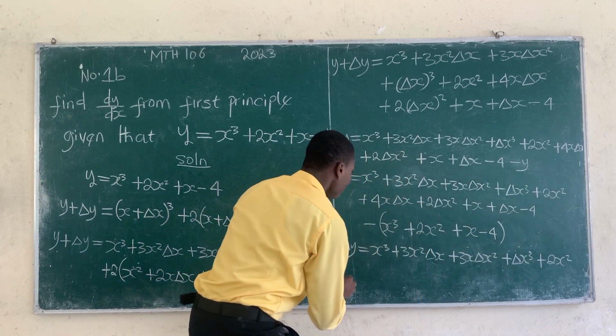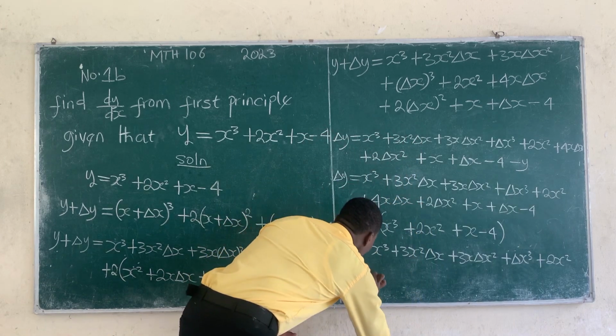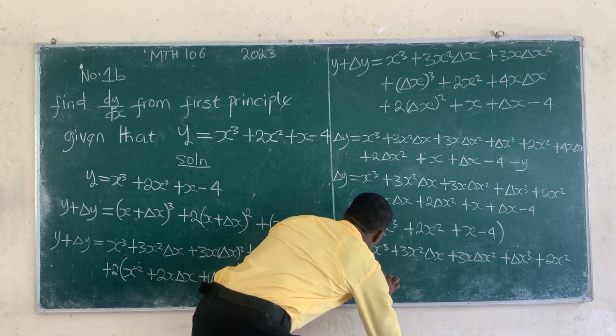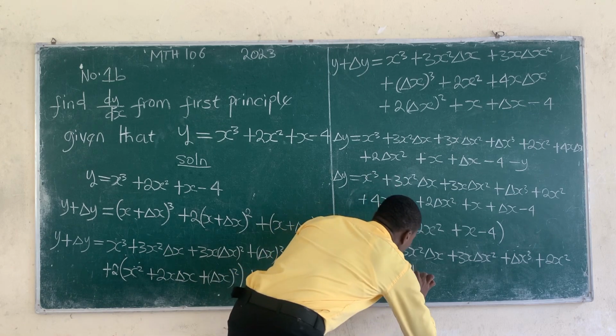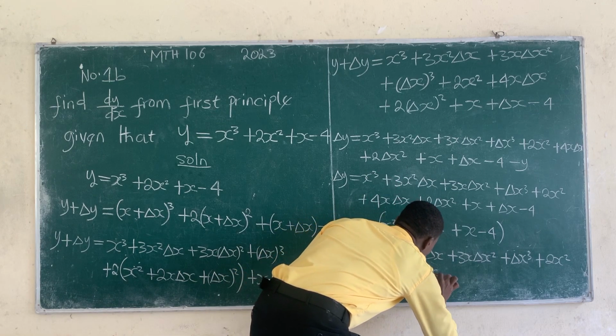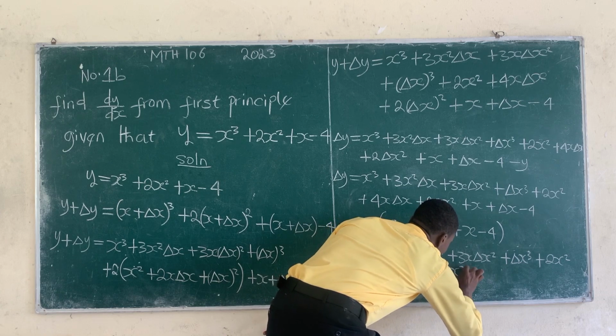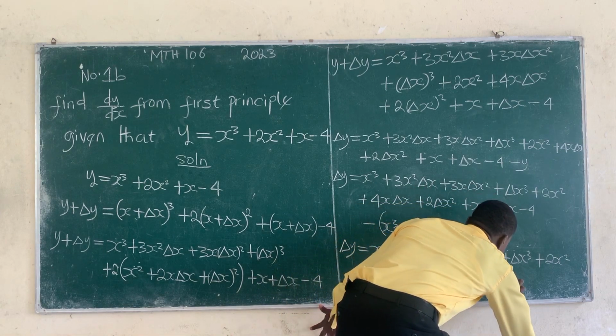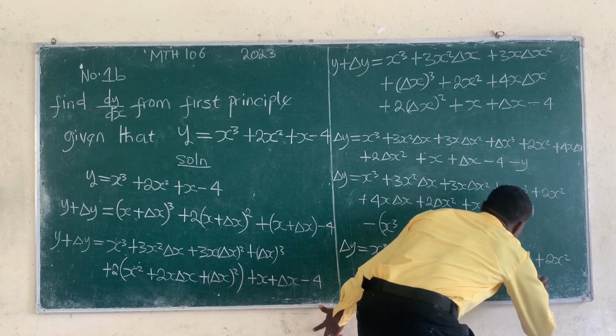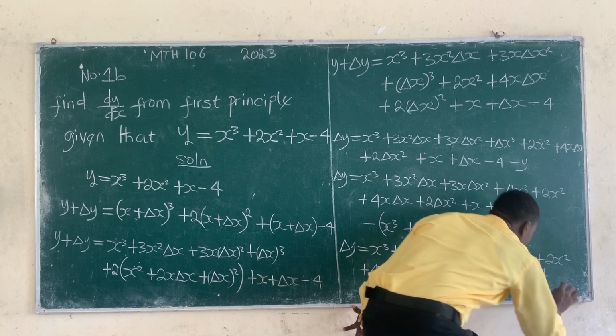The next one we have there is plus 4x change in x plus 2x change in x squared plus x plus change in x minus 4.